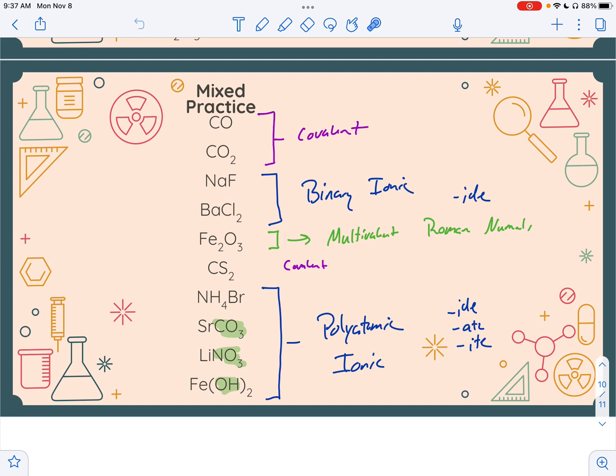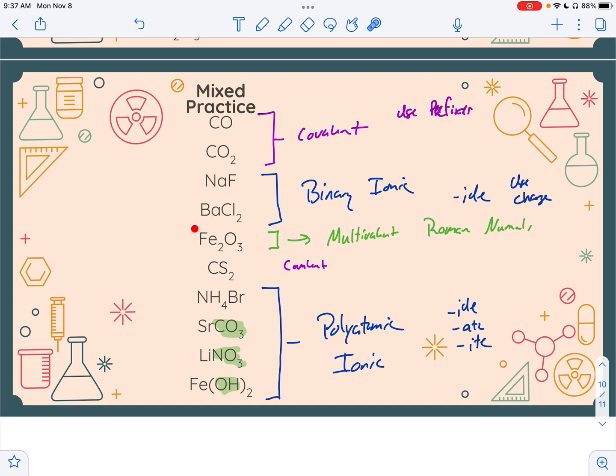Barium is a metal. Those will be ionic. They both end in ide, but covalents are the only ones to use prefixes. We use prefixes for covalent, and we use charge for ionic. So keep those things straight in your head.